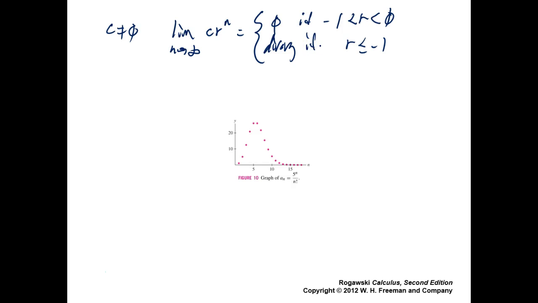And why is that true? Because if R is, let's take -2, and raise it to different powers. The first power would be -2, the second power would be 4, the third power would be -8, fourth power would be 16, fifth power -32. It's getting wider and wider, diverging.